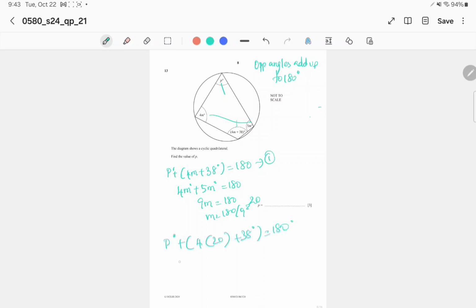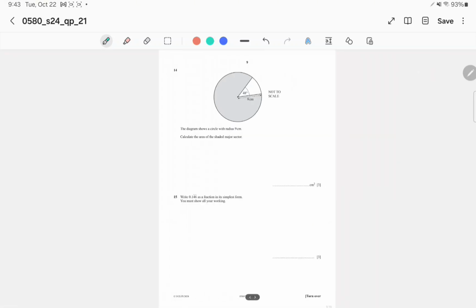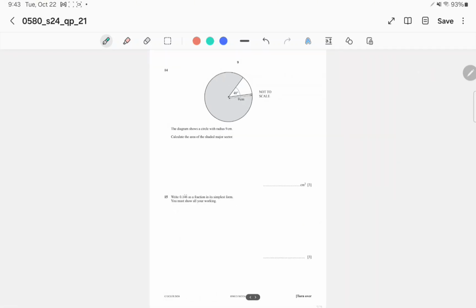So how much will you get? P degree plus this is 118 equal to 180. So P is equal to 180 minus 118. It is 62 degrees. So the answer is 62 degrees. M is 20.